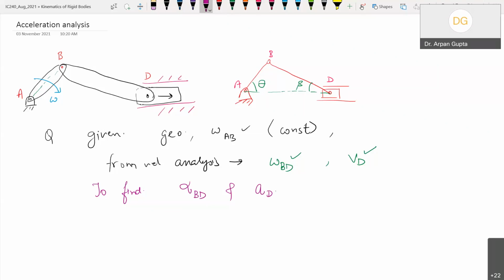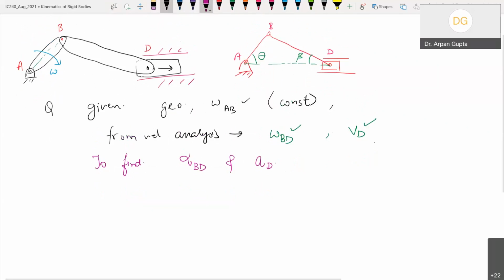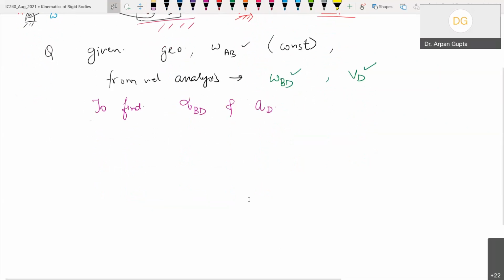Acceleration analysis is a little bit more involved compared to the velocity analysis. But again, the idea is very much similar to what we have learned in velocity analysis. So the first step is we write the acceleration of the known point.